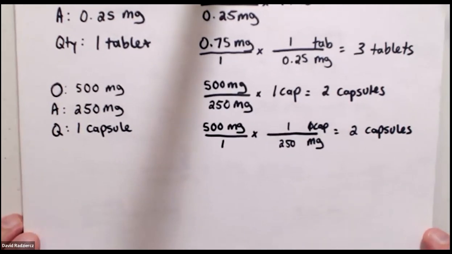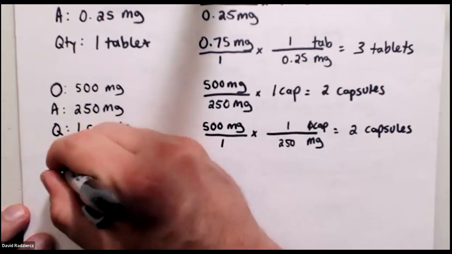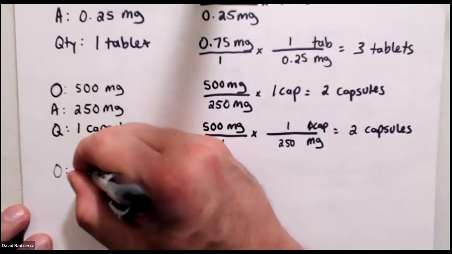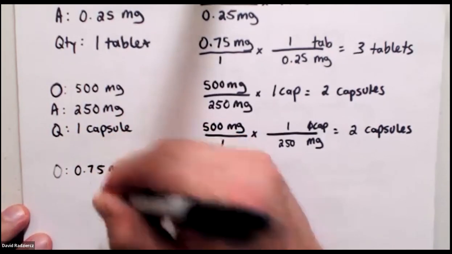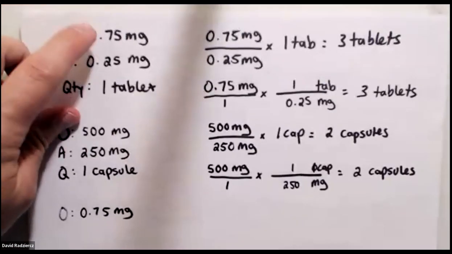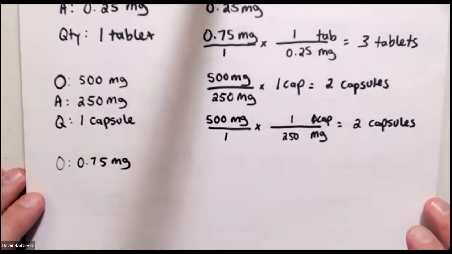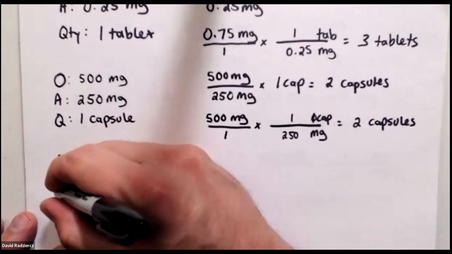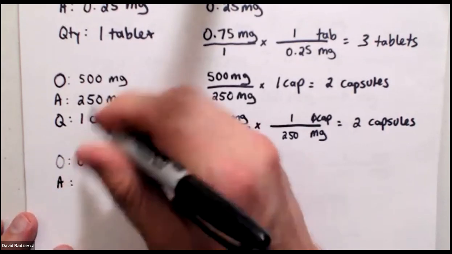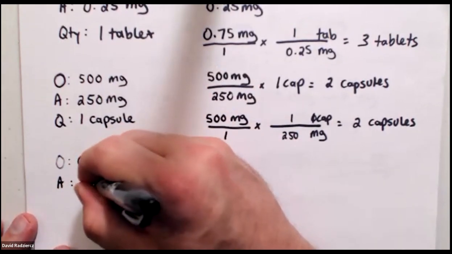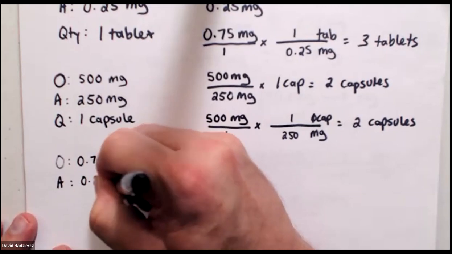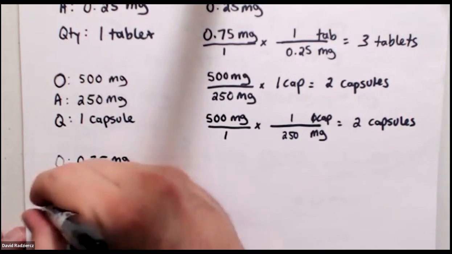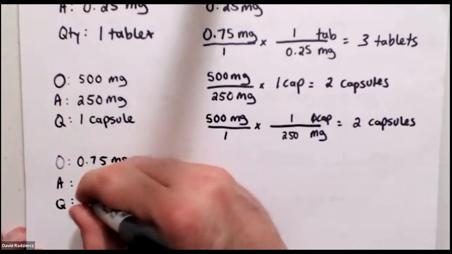So again, following my order is the 0.75 milligrams. I know it seems like I have a thing for 0.75 milligrams here for some reason. Then what I have available is 0.25 milligrams. Quantity is 1 tablet.